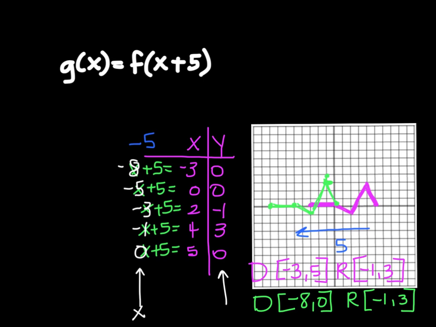Let's make that a little better. There we go, that's a little better. Okay, so again, notice the range stayed the same. So when I'm inside the parentheses with the x, I'm affecting my x, my input, and my domain. So notice I just subtract 5 here and I got to my new domain.